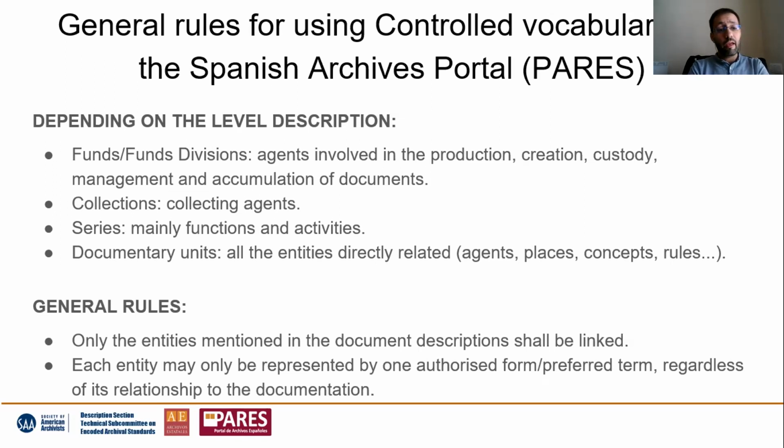Another rule is that each entity may only be represented by one authorized form or preferred term, regardless of its relationship to the documentation. For example, an entity of person will be the same whether it is linked to a document as a creator or as a subject. Then we will see examples.